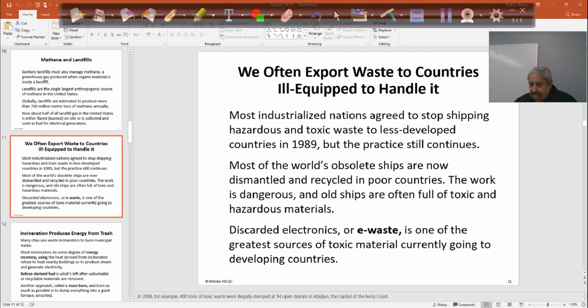So discarded electronics is another problem. Discarded electronics, or e-waste, is one of the greatest sources of toxic material currently going to developing countries. Old computers, old computer screens, old electronics end up dumped inside developing countries, or what they call third world. They burn everything.